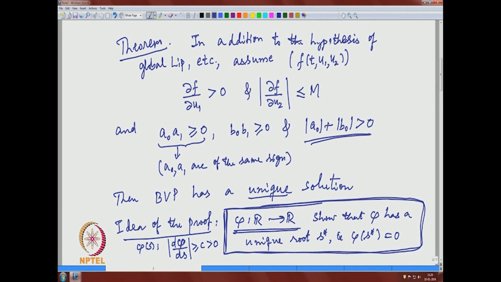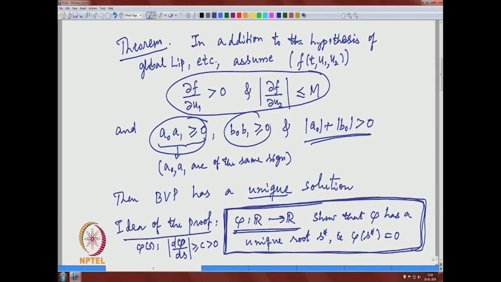So, this is one sufficient condition under which this is true, and these additional conditions on f and also on the coefficients ensure this.